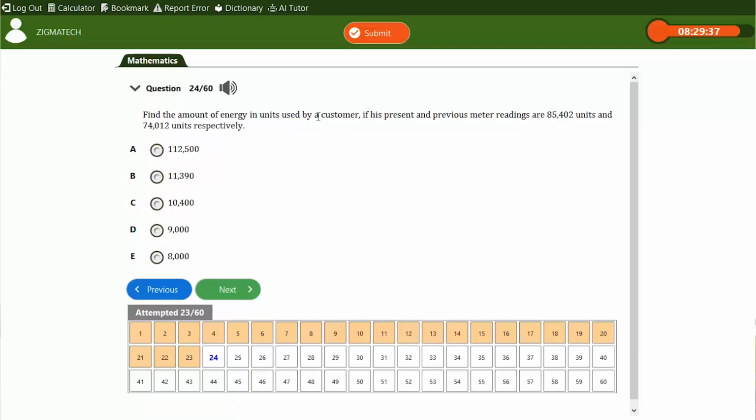So this person uses a prepaid meter, and the energy that is reading, if his present reading is 85, and the previous was 74. So the previous energy was like 74, and he used this energy till it is now reading 85.